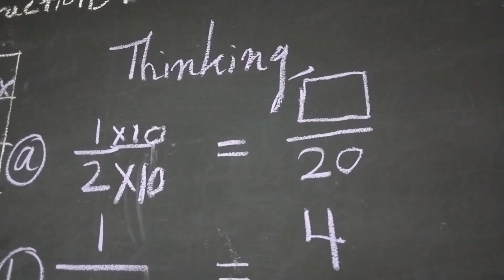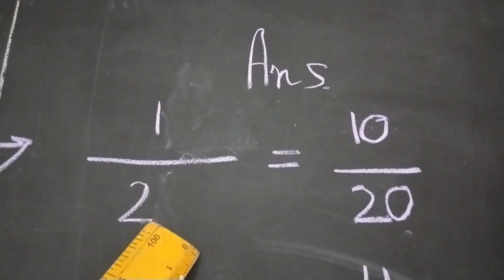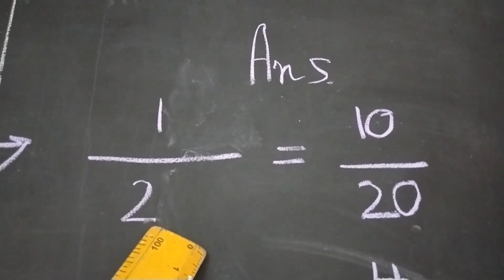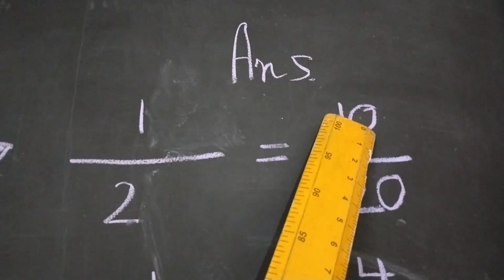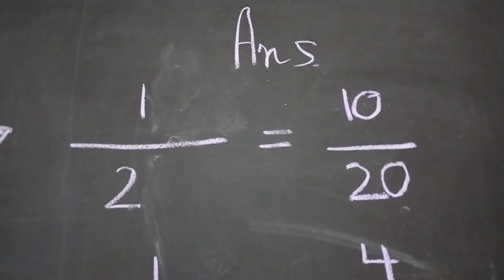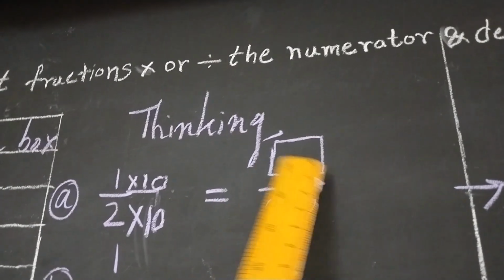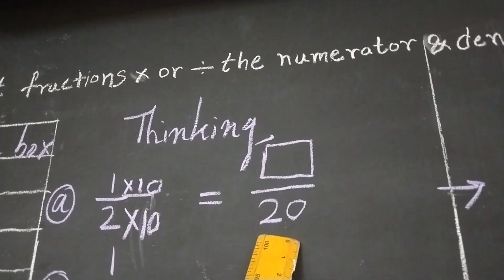And hence, our answer, which has to be entered in our answer book, will be like this: 1 upon 2 is equal to 10 upon 20, because 10 ones are 10 and 10 twos are 20.